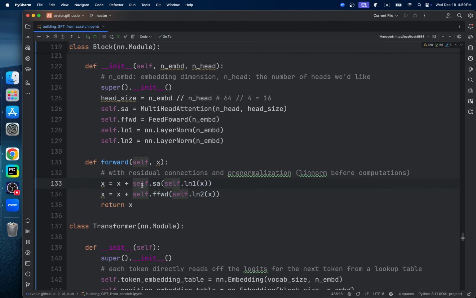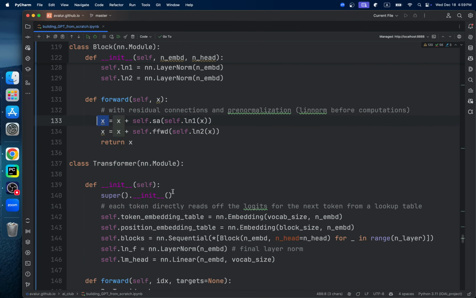Firstly we calculate self-attention after layer normalization of x, and then we add this result to the original x. Then we take this new x and again perform layer normalization with the feed-forward layer, and it is our result. So the result of the transformer block is new contextual embeddings based on the original embeddings x.